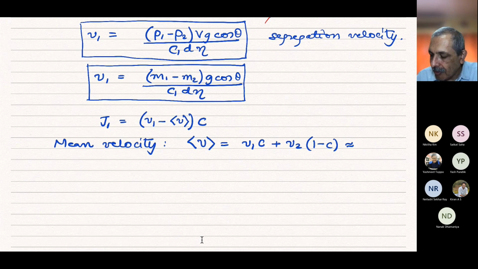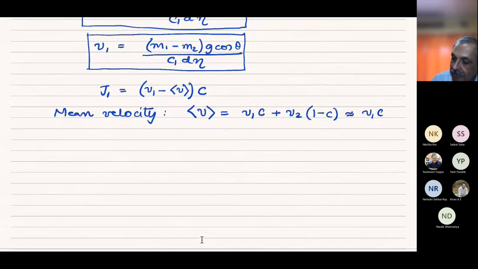So we can approximately put it as V1 times C, where C is the concentration of particles of type 1. And so now this gives us the flux J1 is just equal to V1 into C into 1 minus C.